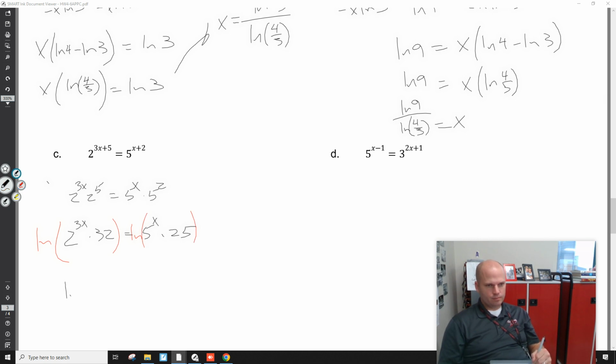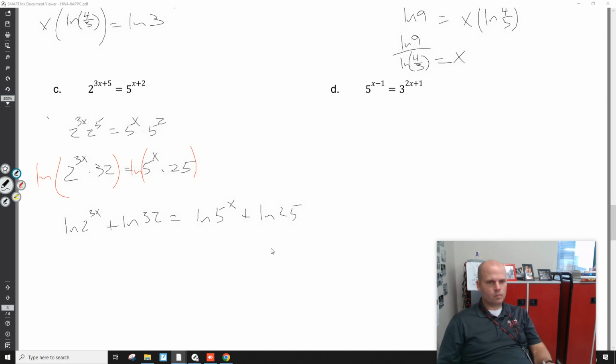Log properties. I don't know if it's any easier. Probably what I'm doing with this 2 to the 3x is writing it as 8 to the x.